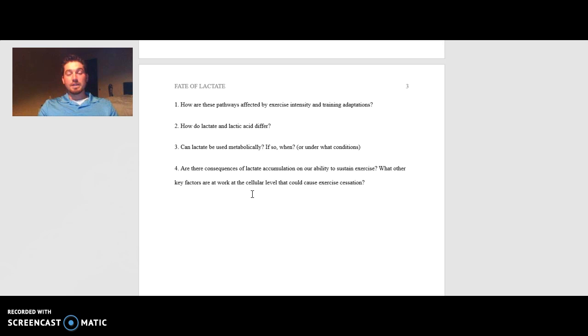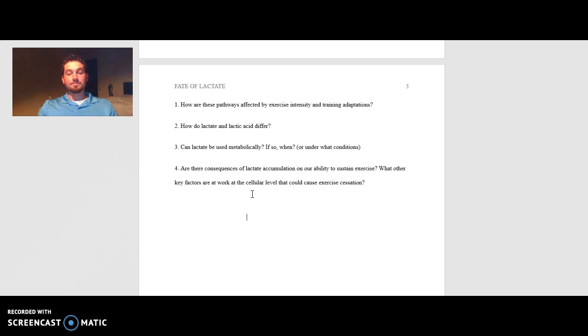So because of this, lactate is going to accumulate, which is going to, because of the pH imbalance, bring our pH down and our acidity up in the muscle and blood. When the acidity rises, the lactate accumulation is going to inhibit some of the enzymes that are needed in metabolism.